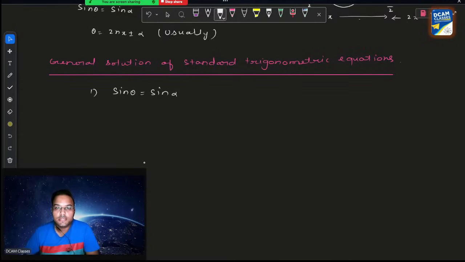The general solution is theta is equal to n pi plus minus 1 whole power n into alpha. This is the general solution.